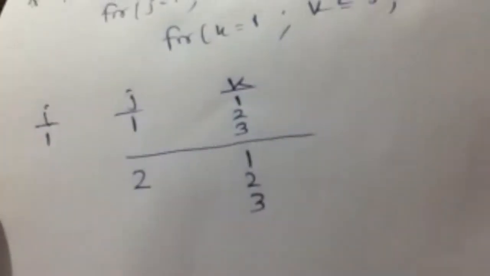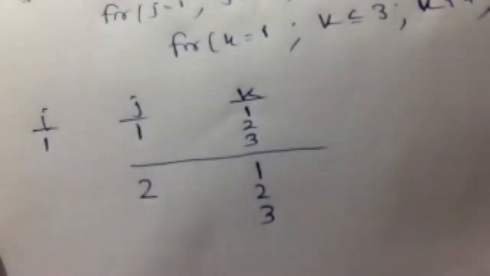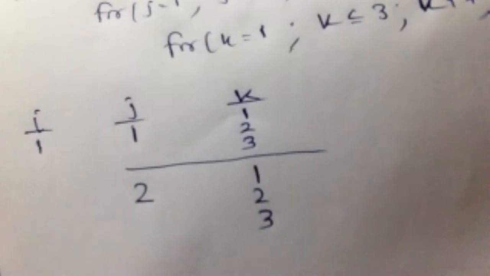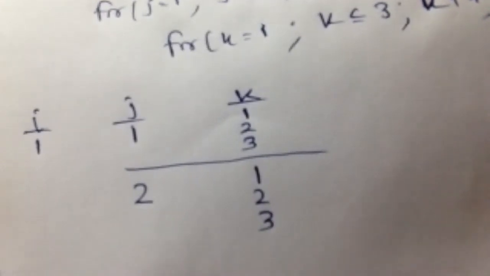I equal to 1, J will be 1 and 2. J equal to 1, K will be 1, 2, 3. J equal to 2, 1, 2, 3. It's clear?